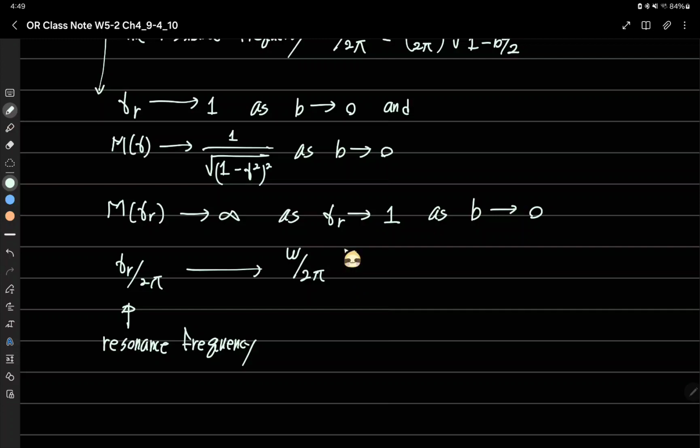Here omega is the natural frequency, the square root of k over m. Because b approaches 0, the damping force approaches 0, right? So that means that frequency approaches the natural frequency.